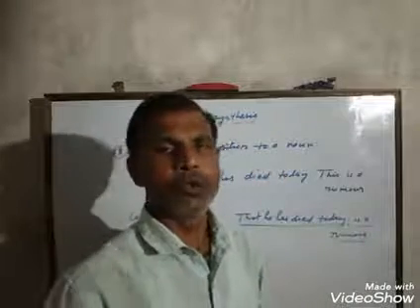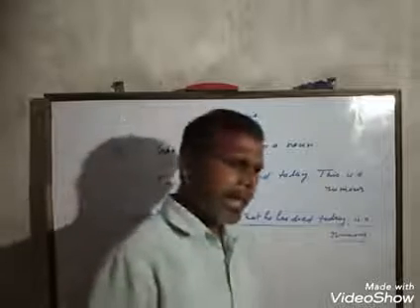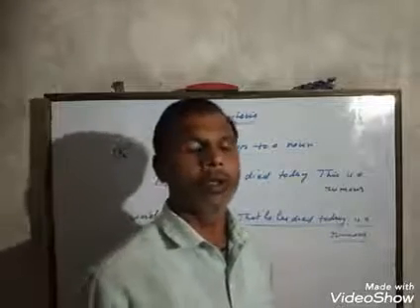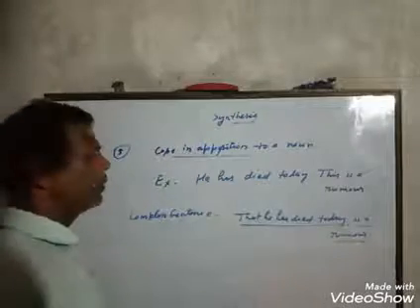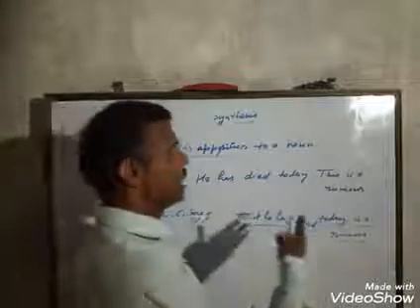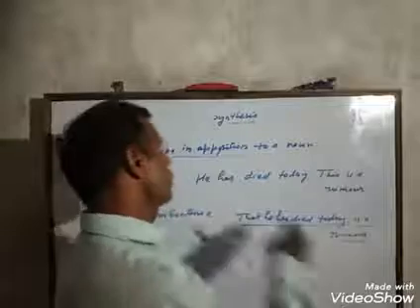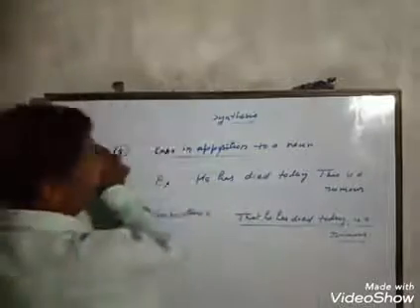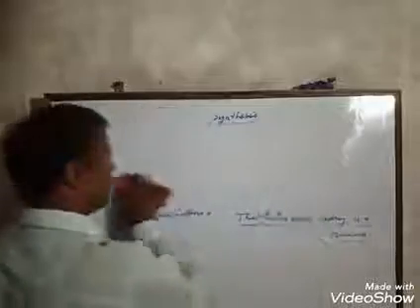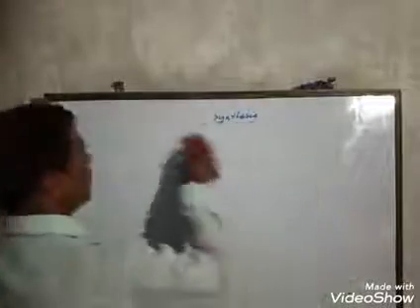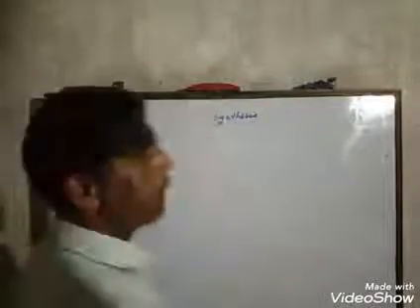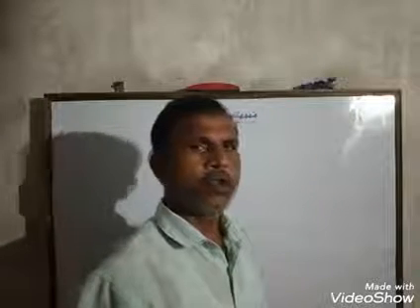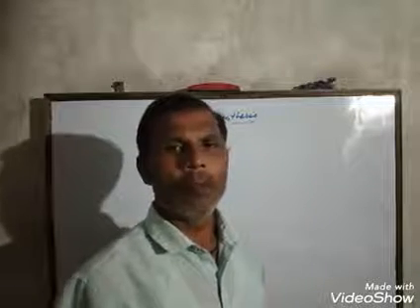In this way you have to change two or more sentences into one complex sentence. Now I give you some examples which you have to solve in your copy and send to me on WhatsApp. In the next video I will teach you change of simple sentences into complex sentences using adjective clause.